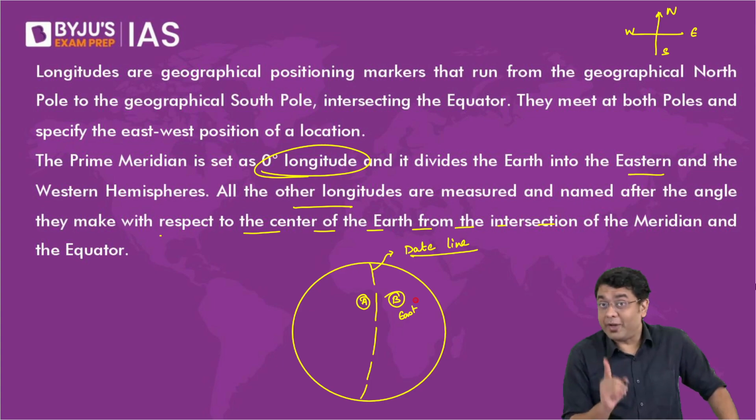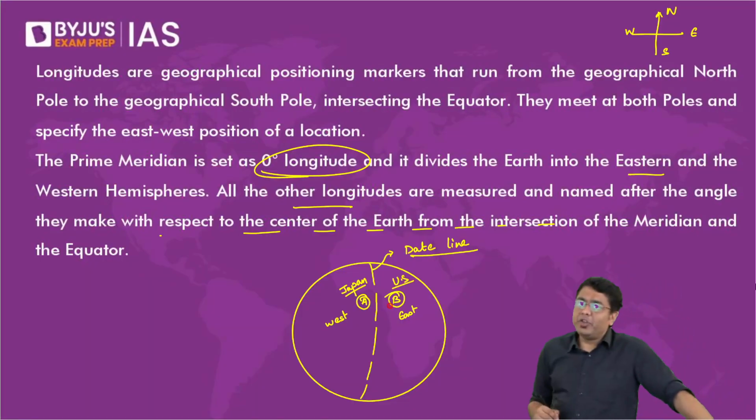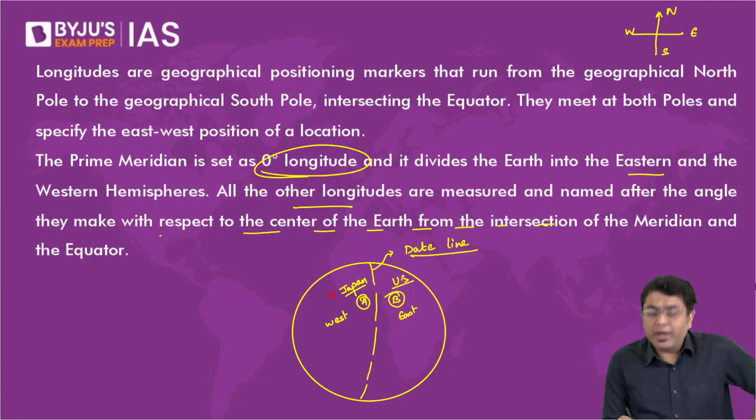As per the dateline, not as per the prime meridian, this will be west. So let's suppose this is Japan and this is the US. Now we have seen that in the region of Japan, they have already welcomed 25th of July. And here you have 24th of July.